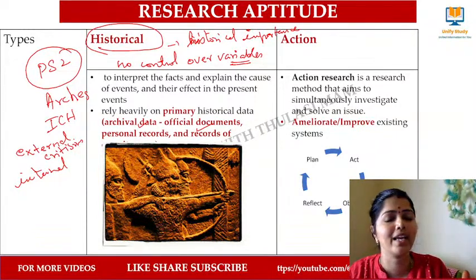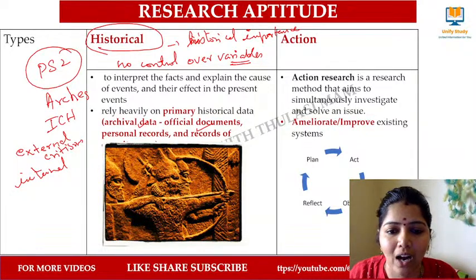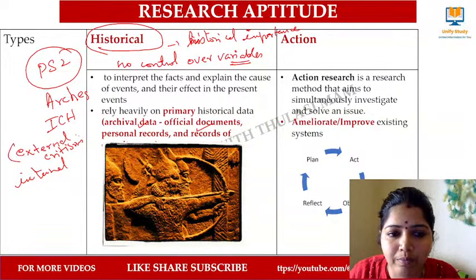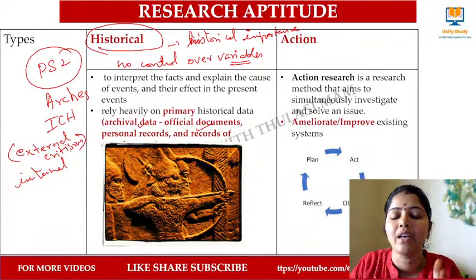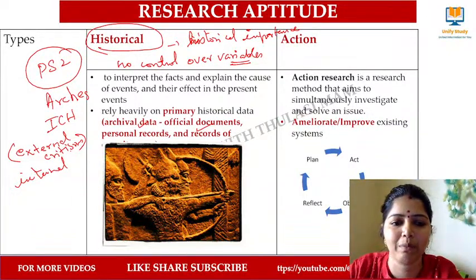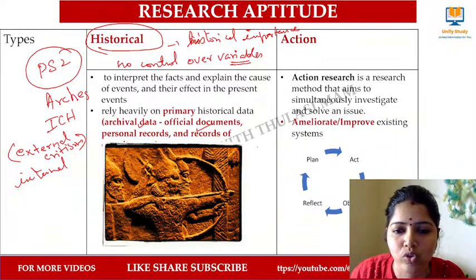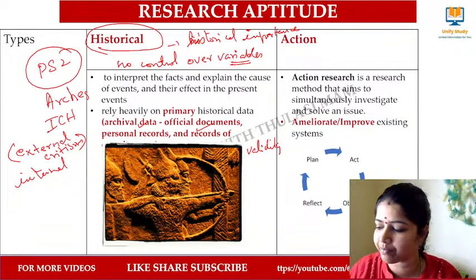If I take any kind of carving, I have to establish its validity: this is the source of this particular century, or this king made it, or it was made during this time. I have to give an external criticism. I have to give the validity of this source. The validity of the source, we call it external criticism.